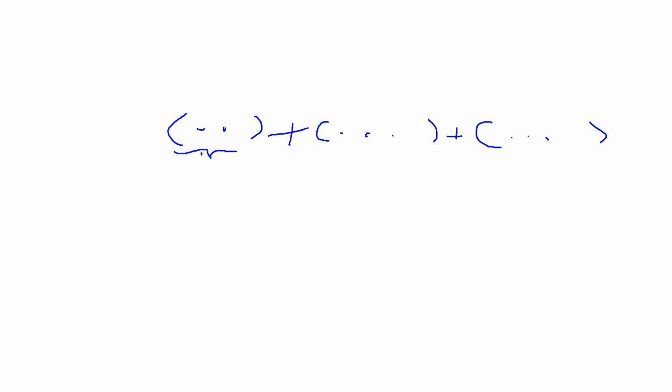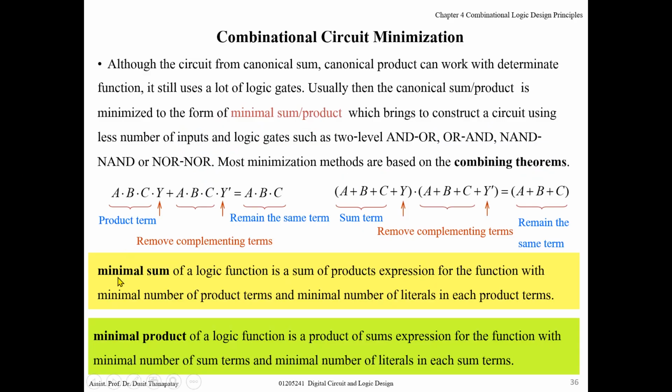So for the minimal sum, you will have the smallest number of terms, and each term has the smallest number of variables. That's called the minimal sum.